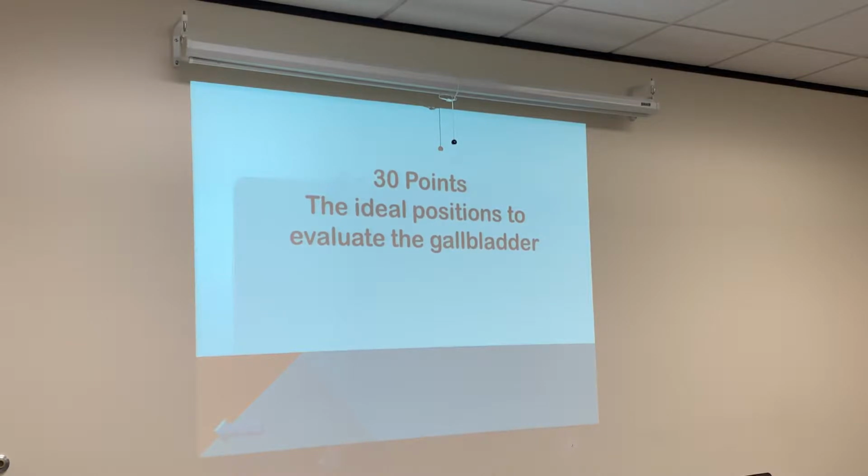The ideal positions to evaluate the gallbladder: supine, always supine. Then left lateral decubitus, or what are the other two I gave you? Prone, but we can't get the transducer in there if I'm prone. So what position do I have to go to? LPO or LAO.